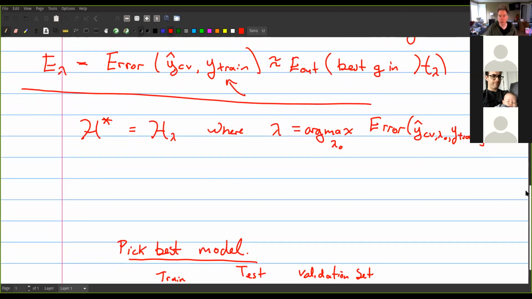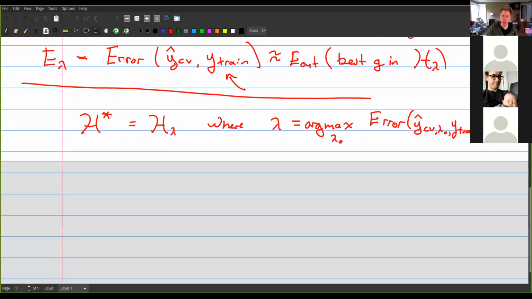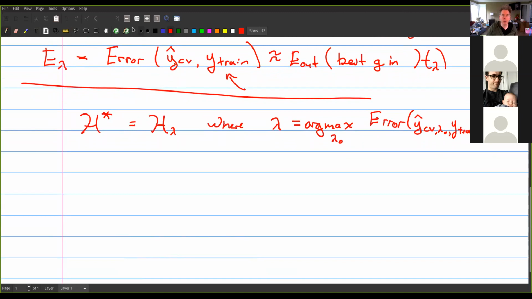So to give an example, let's say that we're doing the support vector classifier with RBF kernel. It has two hyperparameters, C and gamma.